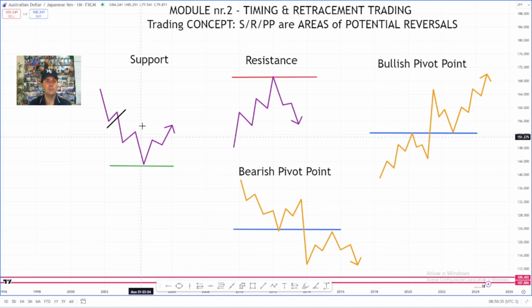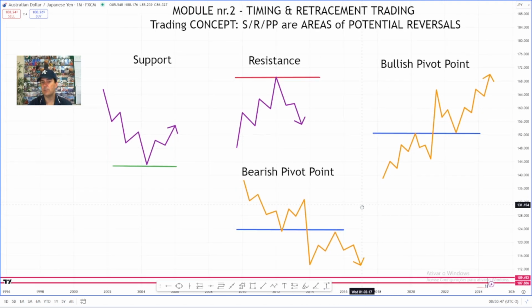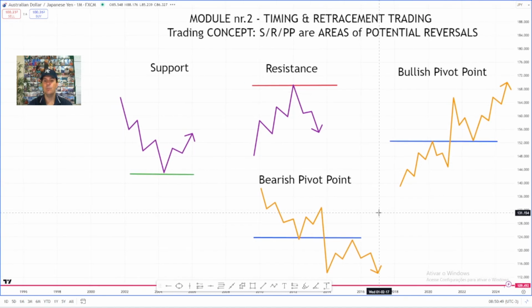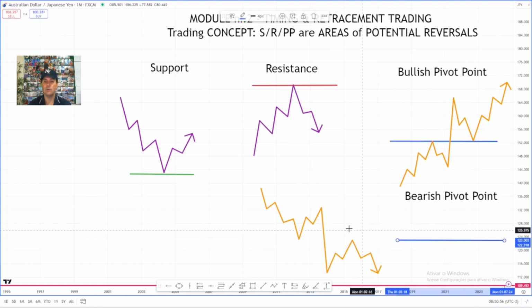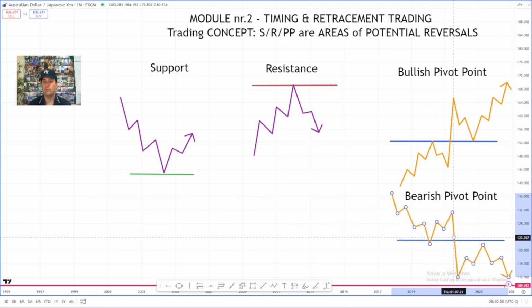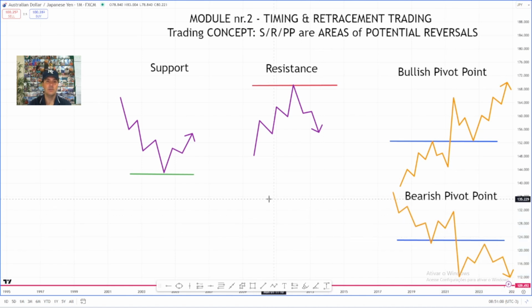So that is how support, resistance, and pivot points are going to happen visually on the charts. Now, it's a no-brainer, nothing special. Agreed. Now, what you might not know is how the market works at support, resistance, and pivot points.